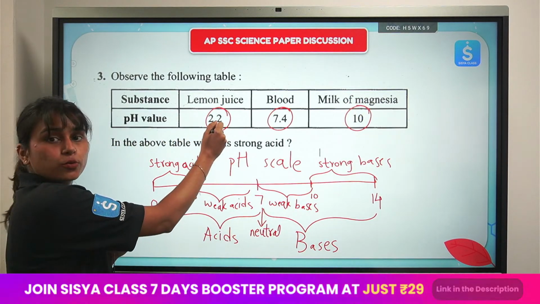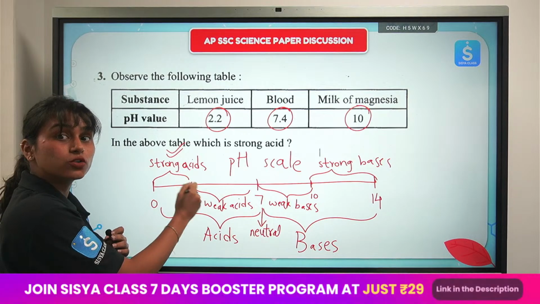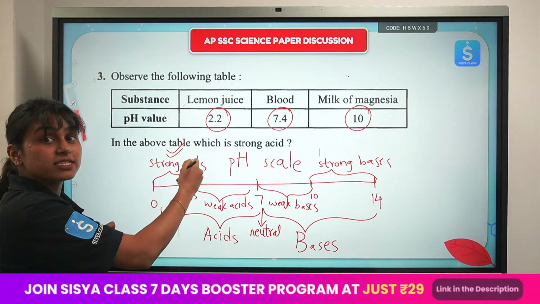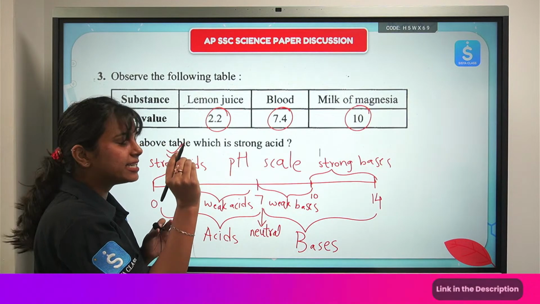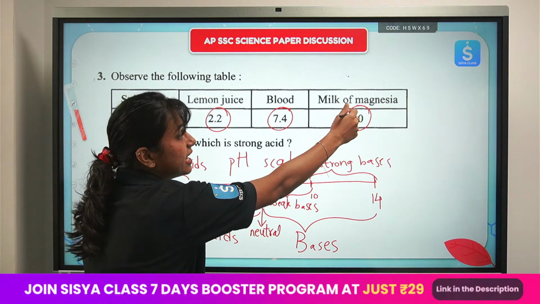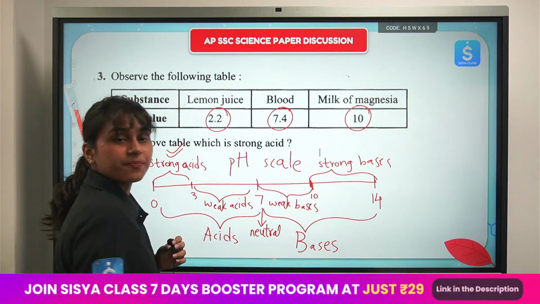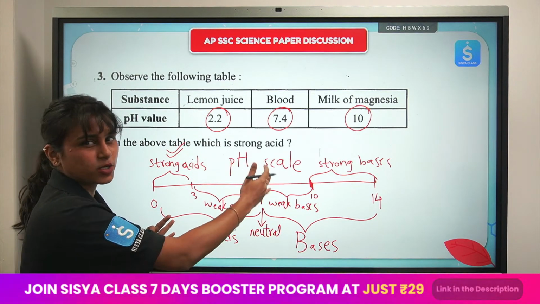So what do you think? 2.2 falls in the range of strong acids, under 0 to 3. So lemon juice is a strong acid. Blood is very slightly basic in nature, more or less near to neutral, and 10 is at the edge of strong base. It's considered weak because it's on the border.